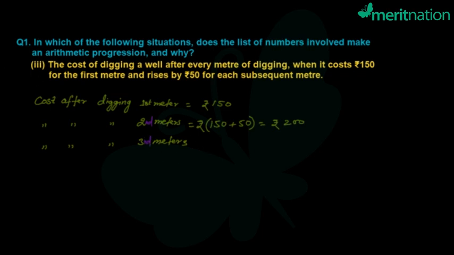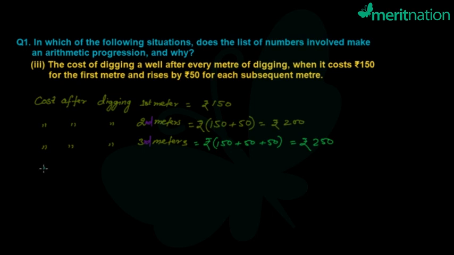So the cost becomes 150 for the first meter, 50 for the second, and 50 for the third one. So the total becomes 250 rupees. Well, 3 terms are there.